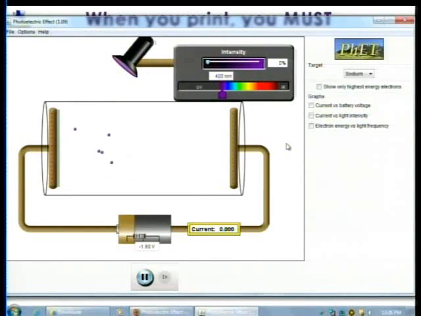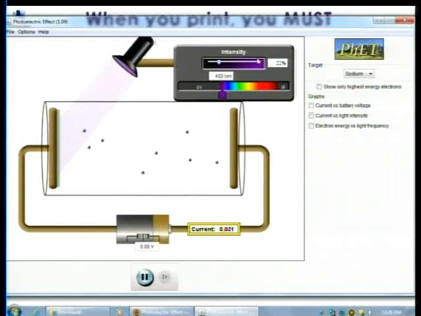So I've got a light with no photons shining on this metal, and of course I have nothing coming off. Turn on the photons, and electrons are going. Let me turn off my battery for a minute. And so there's a certain amount of energy and the photons will come across. And in fact, you can measure the amount of current and go through all the types of experiments. There's your current here, here's your stopping battery here.